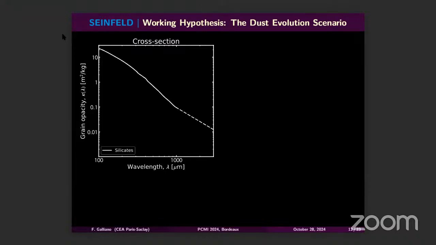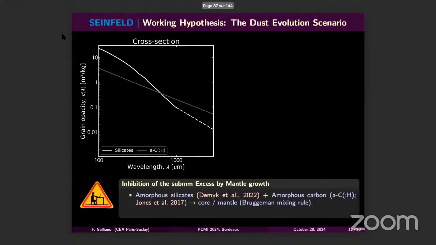If you look at the grain opacity, for example, of some silicates and amorphous carbon, and now you make a composite of both, growing carbon mantle on top of silicates, you are going to see an effect like that.